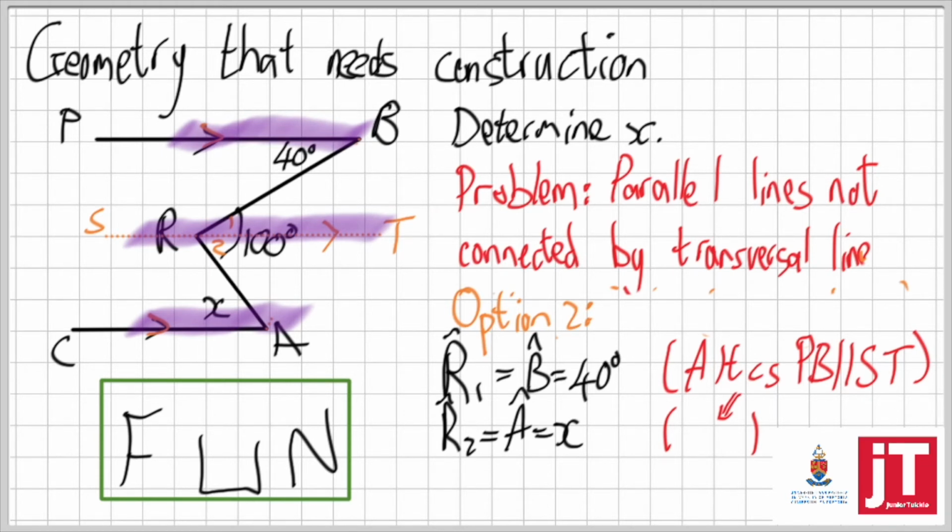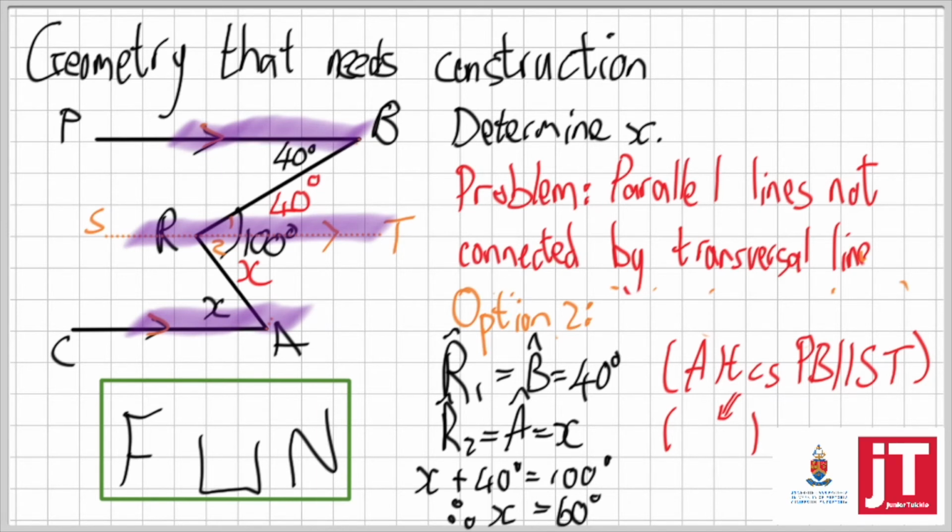Because now, if I look on my sketch, I have basically said that there's a 40 degrees there and there's an x there. So together, the x and the 40 degrees must be 100 degrees. So x must be 60.